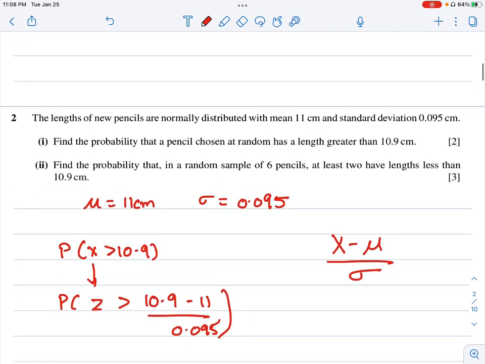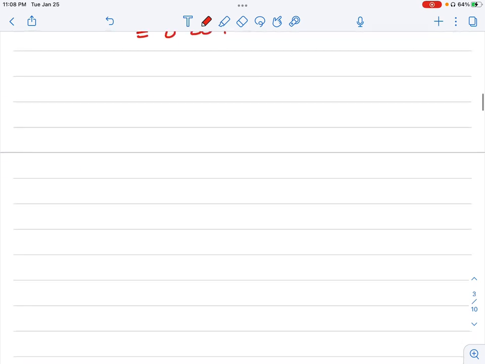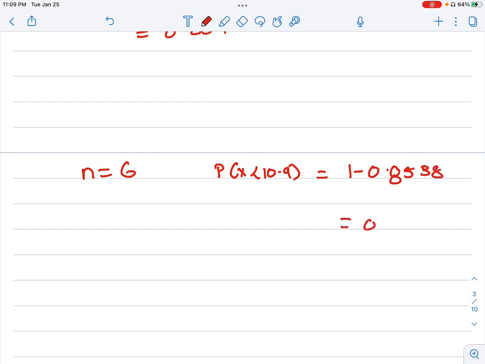Coming to the next part, find the probability that in a random sample of 6 pencils, at least 2 have less than 10.9. So I am taking 6 pencils, less than 10.9. Greater than 10.9 was 0.854, less than 10.9 will be 1 minus 0.854, or to be more specific, it becomes 0.1462.